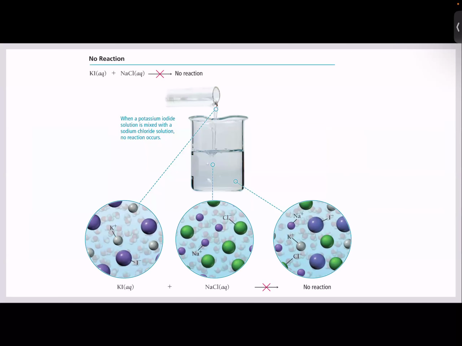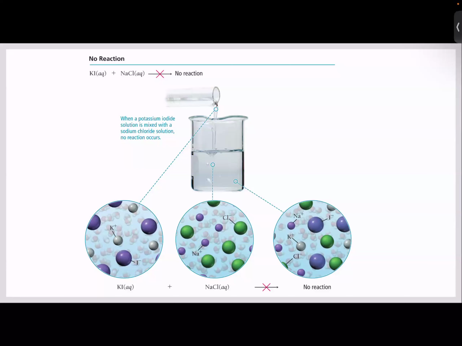Now, potassium iodide with sodium chloride would be an example of a reaction that is not a precipitation reaction. You have potassium ions and iodide ions, just like previously. You react that with sodium chloride, sodium ions, and chloride ions.